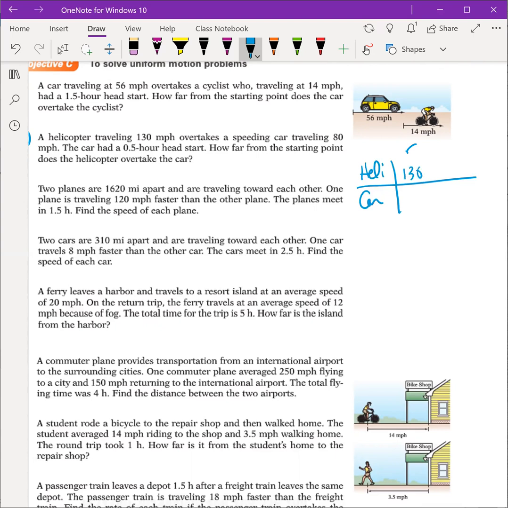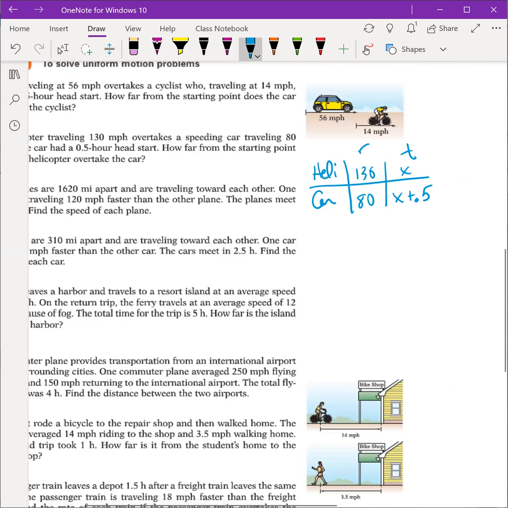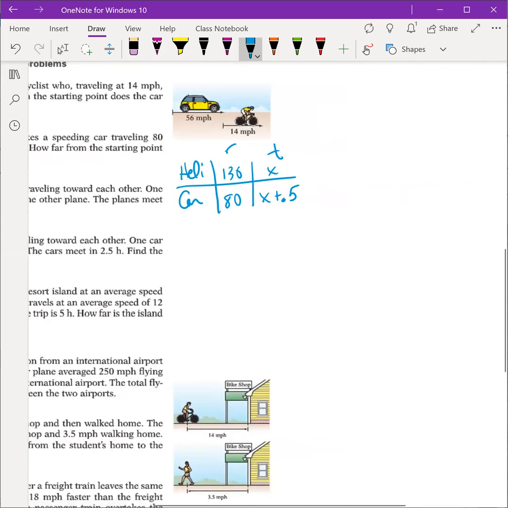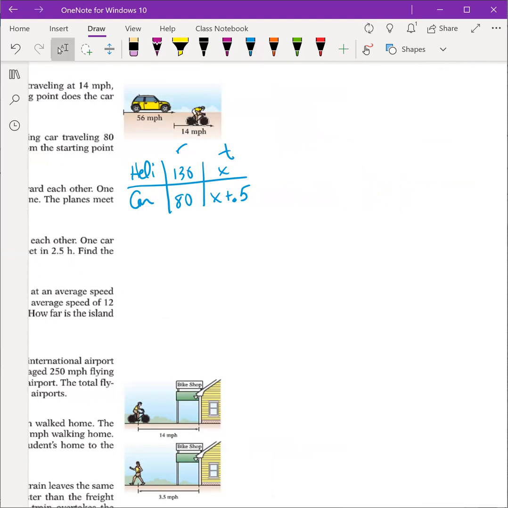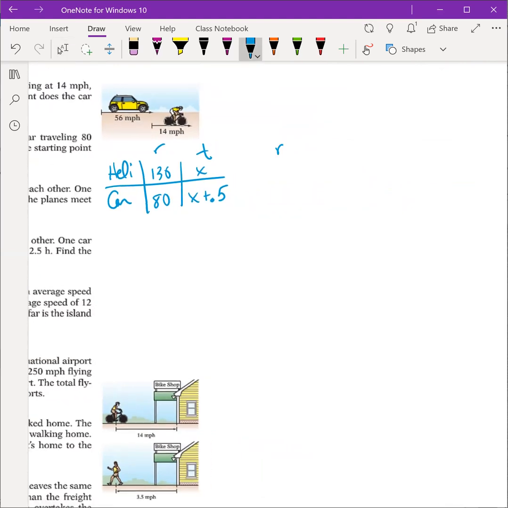The car is going 80 miles per hour. The car had more time, a head start. So that's our rates, our times. So the helicopter is X. The car is X plus 0.5. So we're doing an RT equals RT.